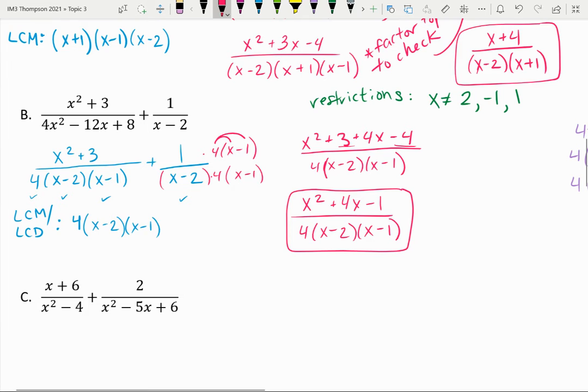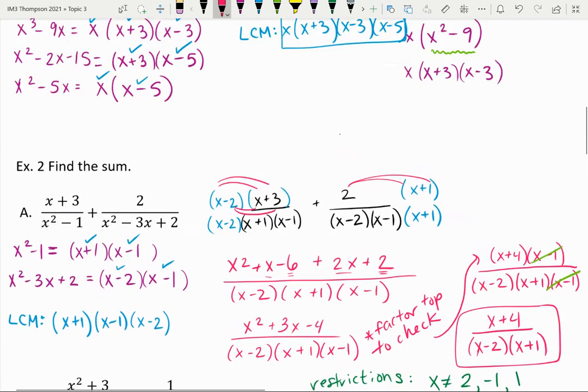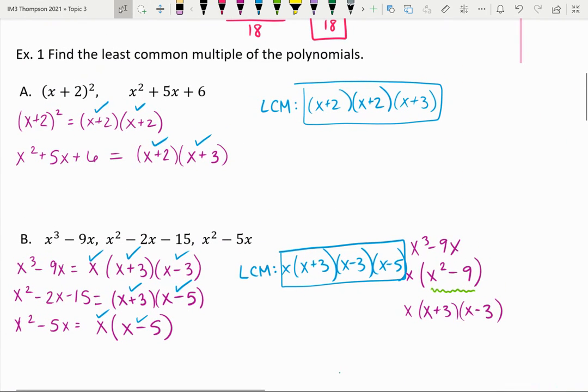This has an x minus 2, but I've already accounted for it, so I'm good. So you can think of it like making a list and making sure that I have everything on the shopping list. Hopefully it'll become a little more clear the more problems we do. But up here, we did entire exercises just on that part.